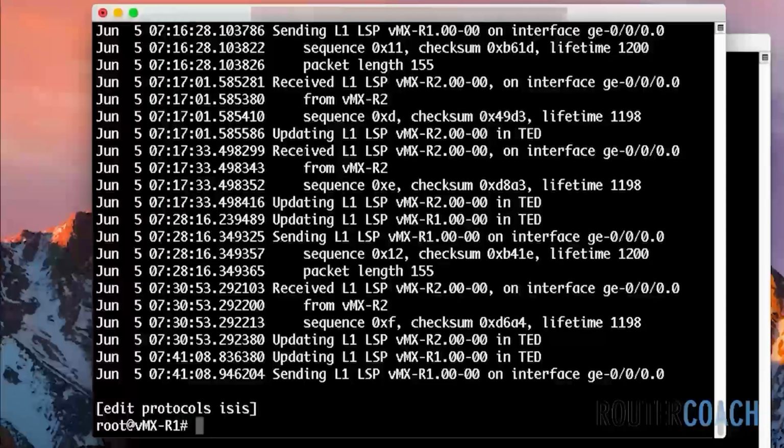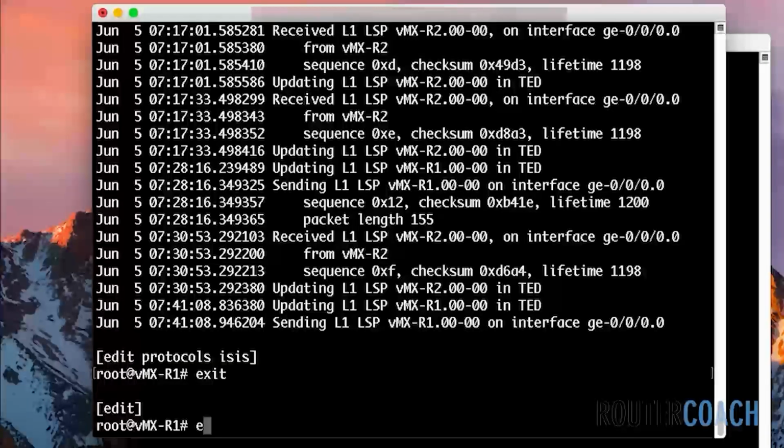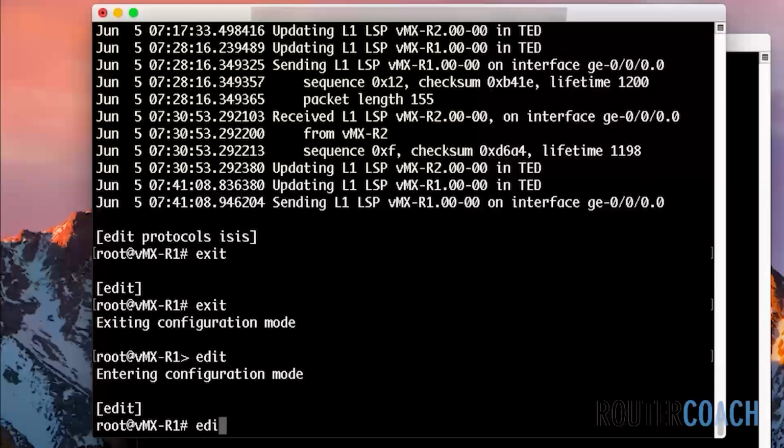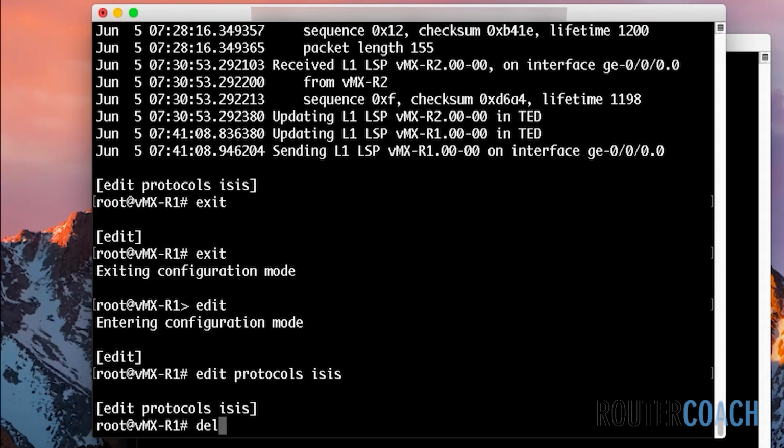Let's clear that log. If I say exit, then exit again, and say clear log. Let me edit this. Edit protocols ISIS. Let me delete that. Delete trace options, flag LSP.